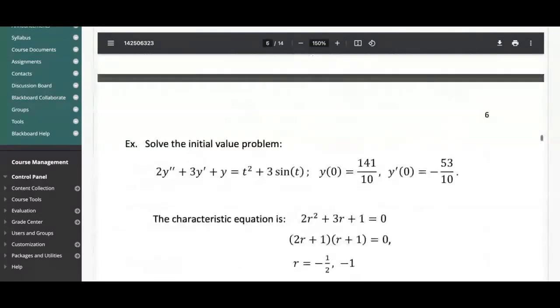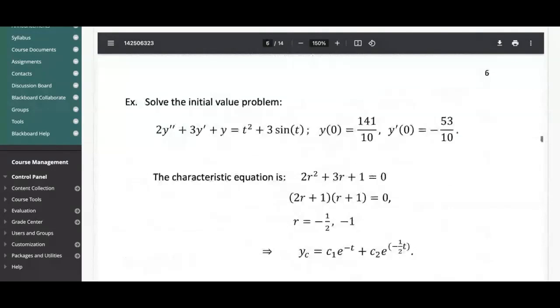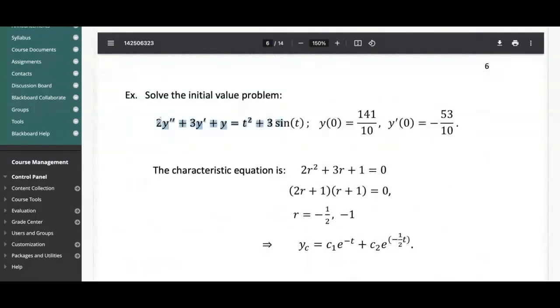So let's see this example. We have such a differential equation, right? We have t squared plus 3 sine t. We have a polynomial of degree 2, and sine, with two initial conditions.